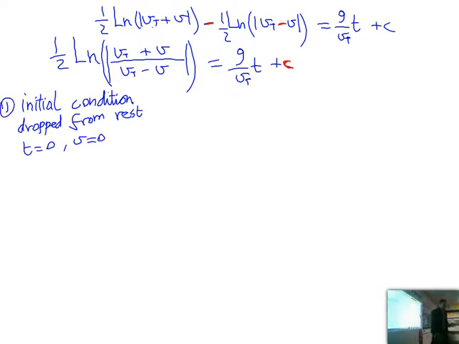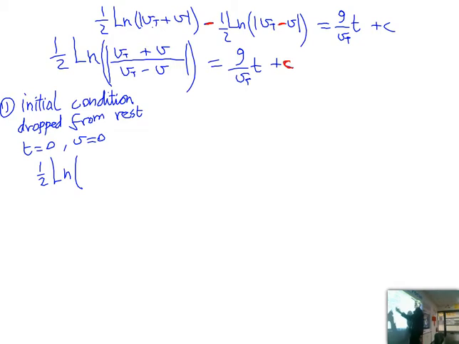Now, we'll also consider scenario number 2, where it's not dropped at rest but thrown with some initial velocity. For now, let's drop it from rest. So at this point, what does our log become? Half natural log of 0 and 0.